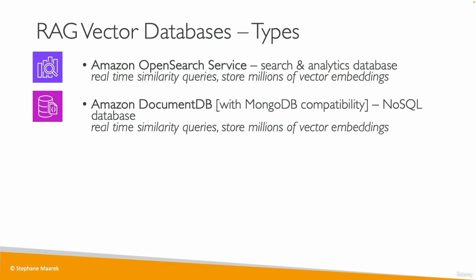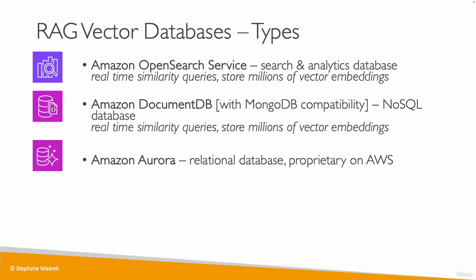It's definitely going to be the preferred choice, and you're going to have real-time similarity queries, and you can store millions of vector embeddings. The other one that's really high performance is Amazon DocumentDB with MongoDB compatibility, which is a NoSQL database. And again, you get real-time similarity queries and can store millions of vector embeddings. So I would keep these ones together.